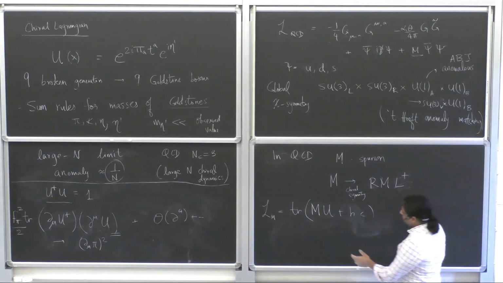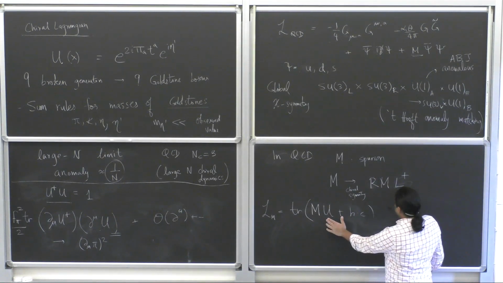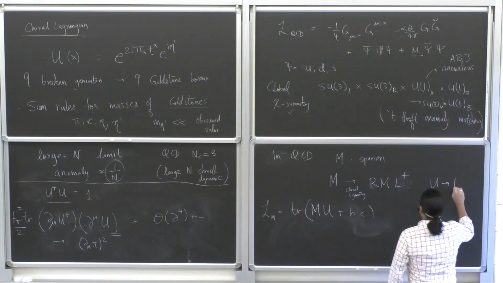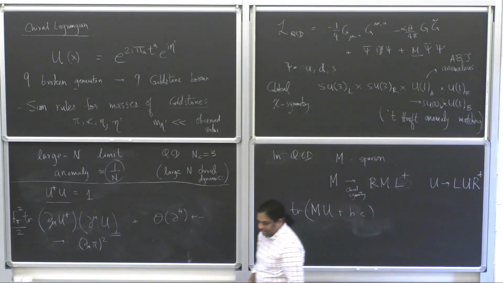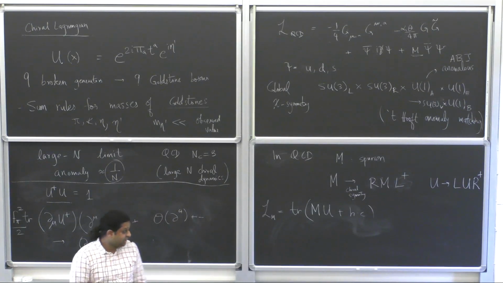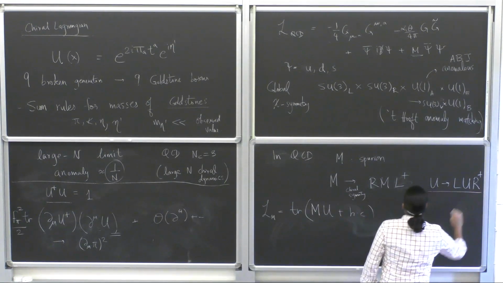At leading order, you can see that under SU3 left cross SU3 right transformations, our matrix U transforms in this particular way.